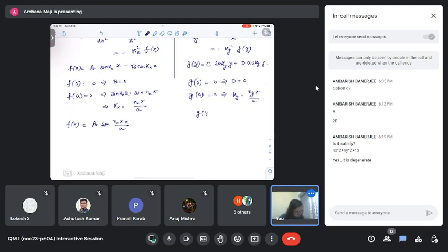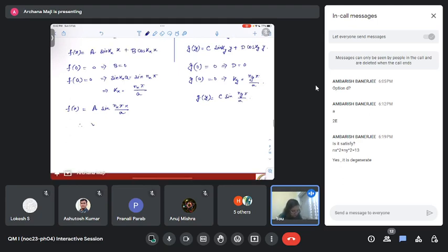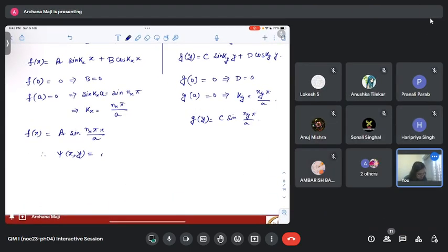So c sine ny pi over a. So what is the wave function then? Product of these two, f of x and g of y. Let's call some other constant a prime, sine nx pi x over a, sine ny pi y over a.